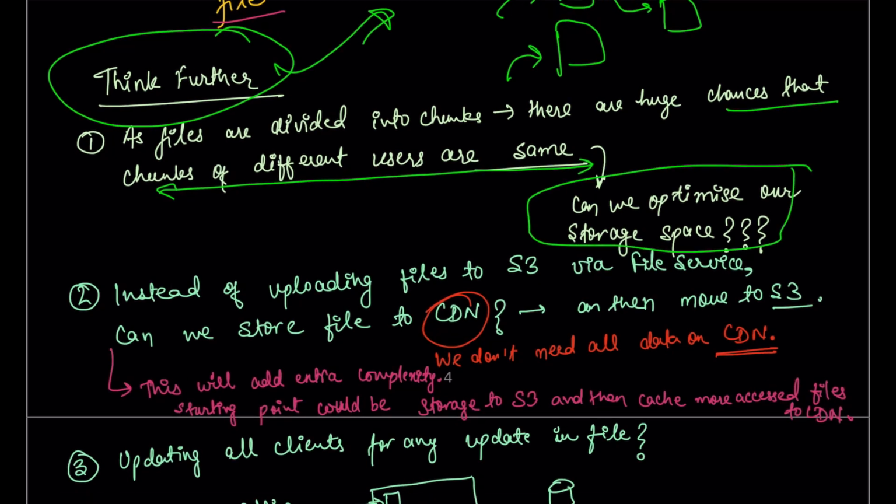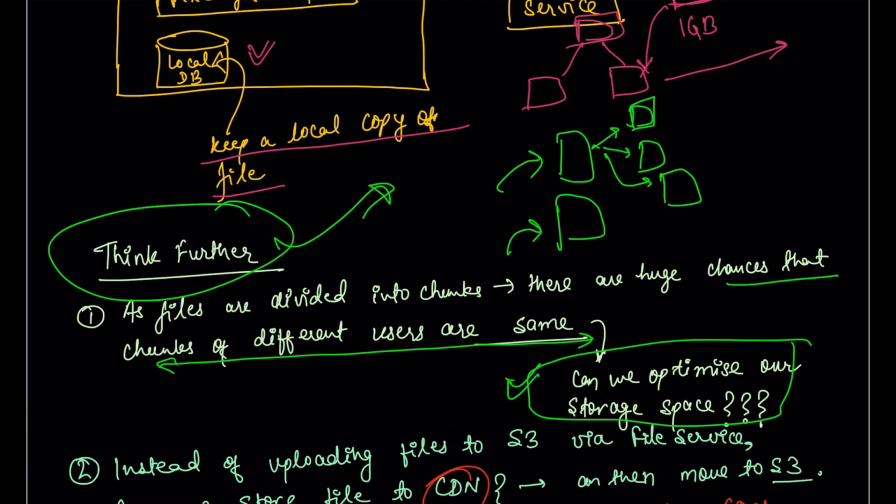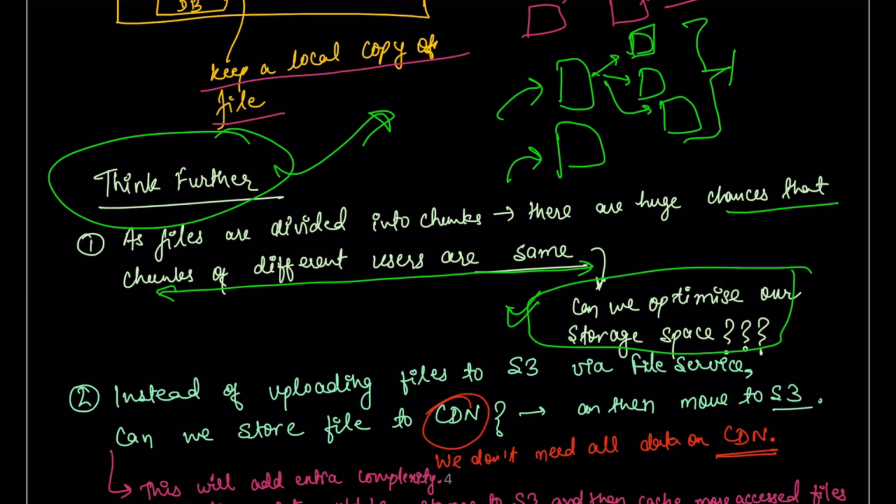So this is one huge requirement. If you can do it, then you can potentially solve the problem of storage space. You are not uploading the file again and again to S3. You are identifying that this file was already uploaded, so you only have to update the metadata, that this user is also associated with this chunk.